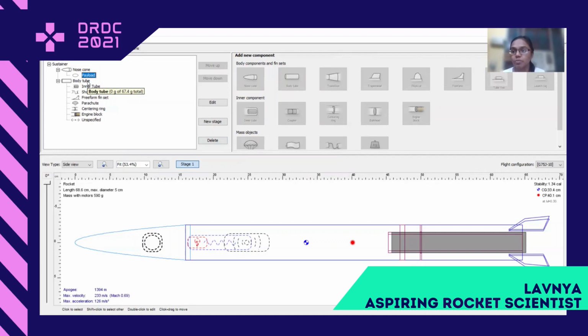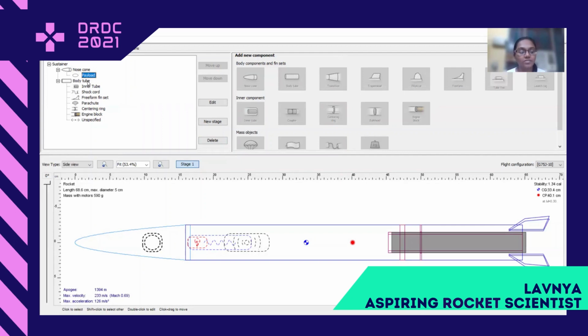The nose cone plays an important part, and it also carries the payload, so it has to be carefully planned. We know that a parabolic nose cone has a lower drag coefficient of 0.5, so it's probably said that we can go with this. But here I have tried the power series.